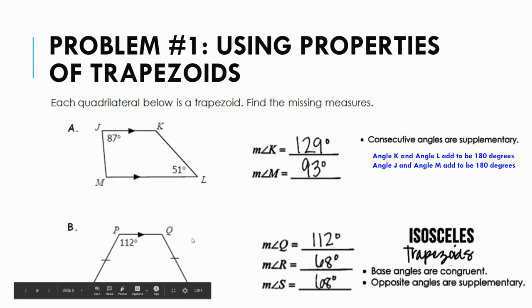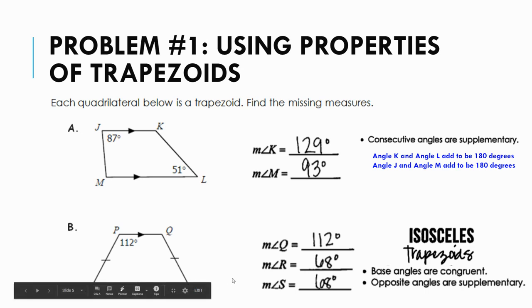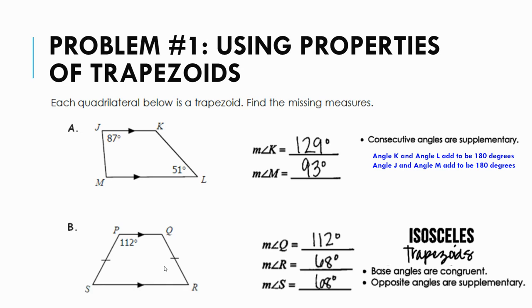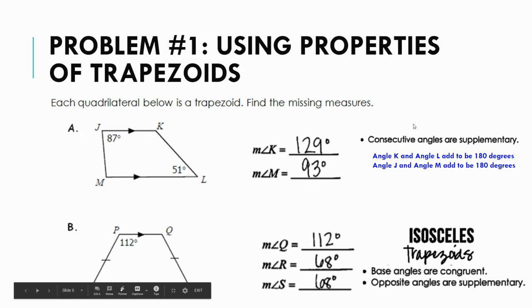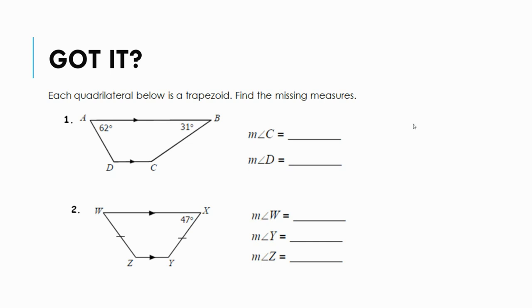That angle Q and that angle R have to be supplementary, so they have to add up to be 180. So I do 112 from 180 and get 68. And then these two base angles also have to be equal. So if this is 68, this would be 68. All right, then you can go ahead and try these two problems. They're pretty much identical to what I just did.